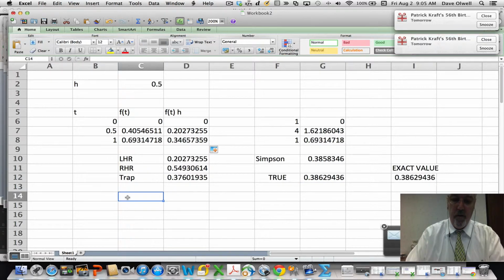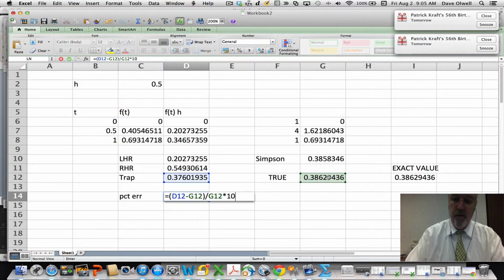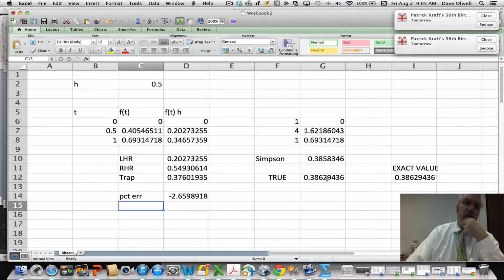My percent error for the trapezoid here is equal to the observed value minus the true value, divided by the true value, times 100. So I've got basically 2% error here.